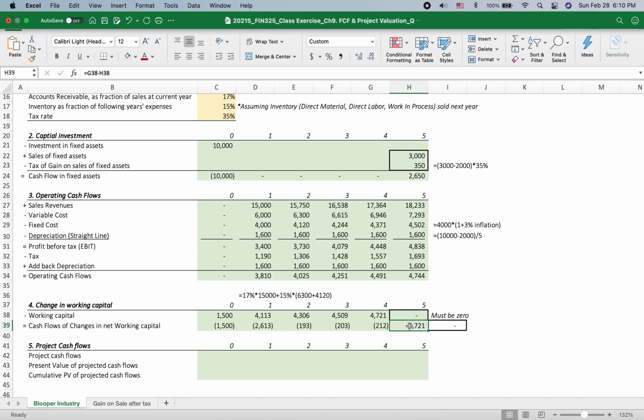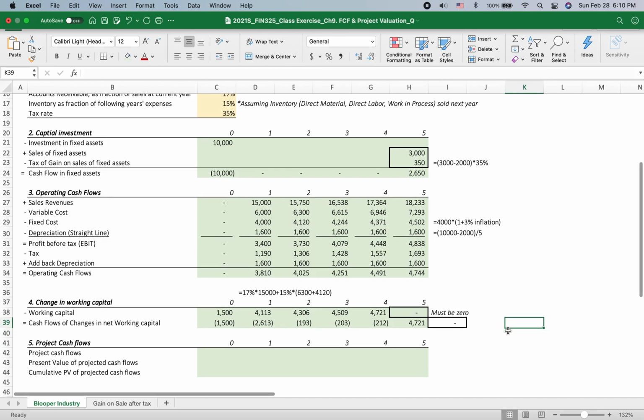So the cash flow of changes in net working capital is 4,721. The sum of all these changes in working capital is automatically 0. Okay, so you need to remember.